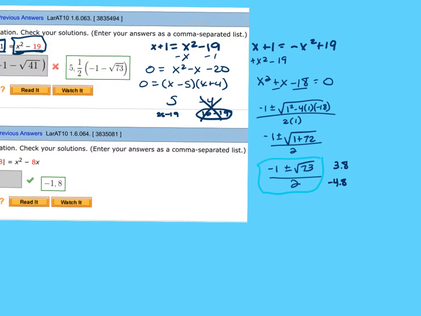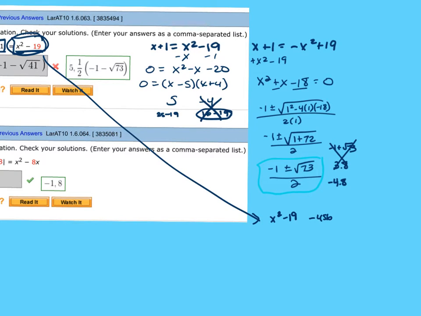So then when I check those in x squared minus 19, really I need this to not be negative. I need it to be positive. So 3.8 squared minus 19 is going to be a negative. So I rule out negative 1 plus square root 73. That's the one I rule out.